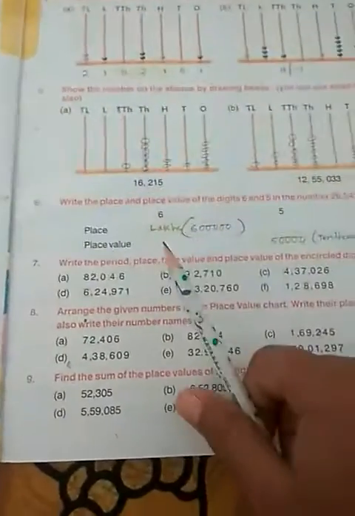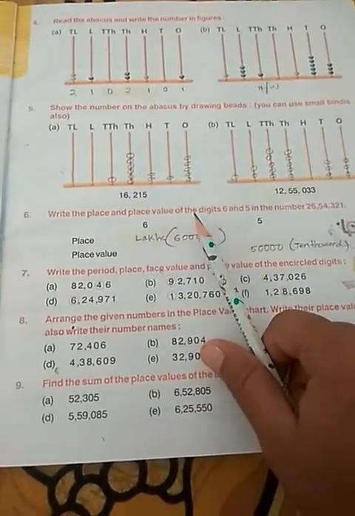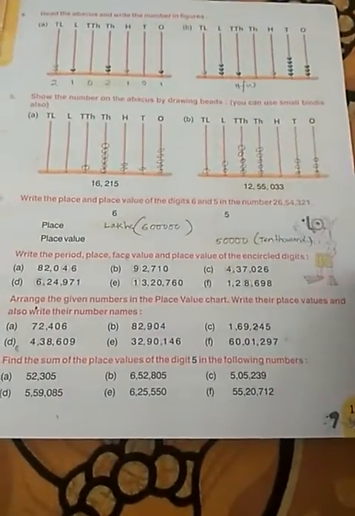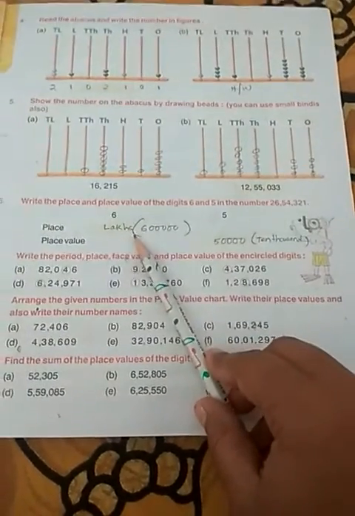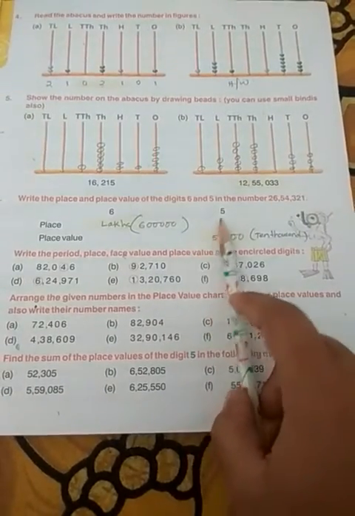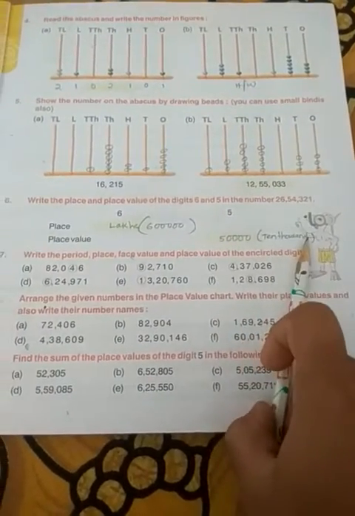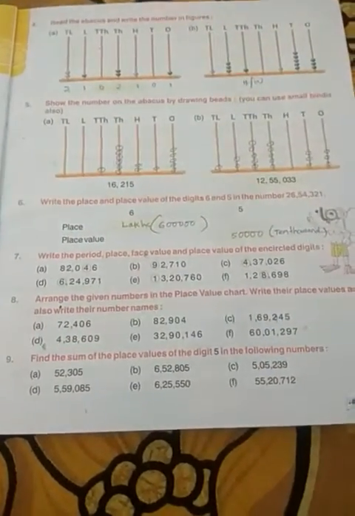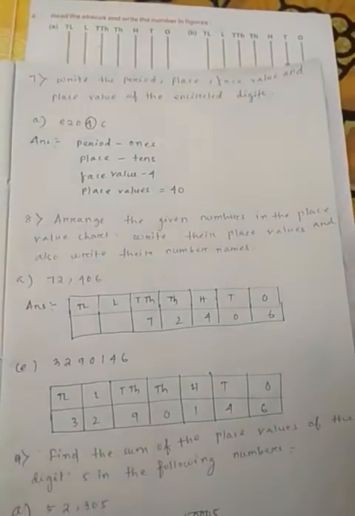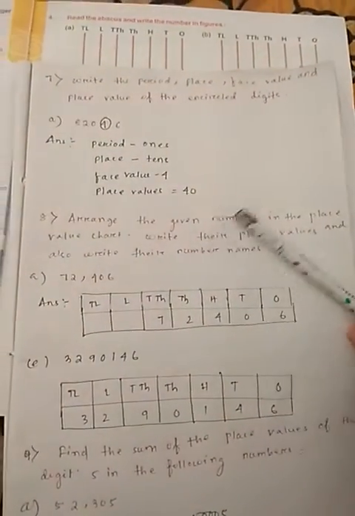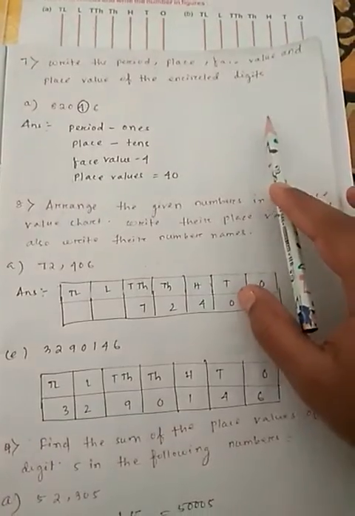Next we will see, write the place and the place value of the digits 6 and 5 in the number. 6 is in lakhs place and the place value of 5 is 10,000. Next we will see, write the period, place, face value and the place value of the encircled digit.